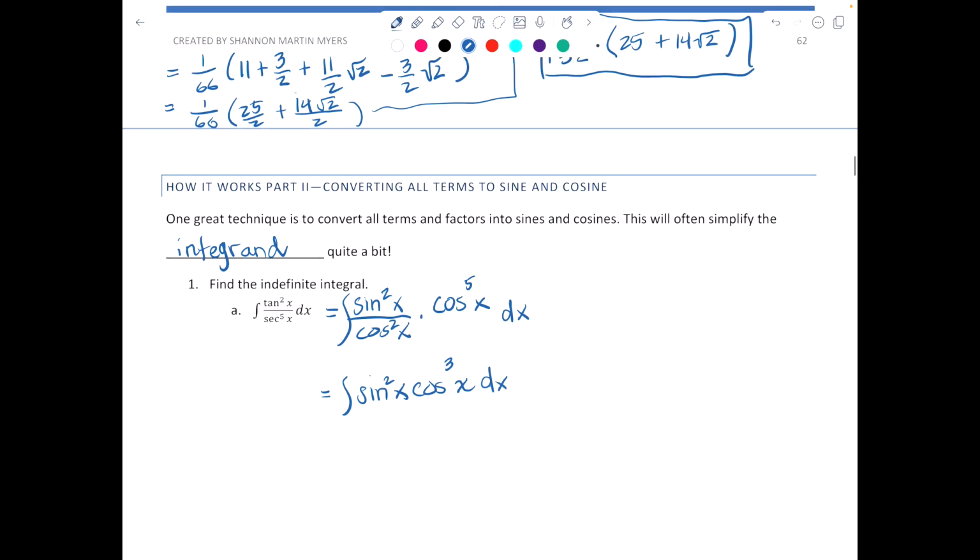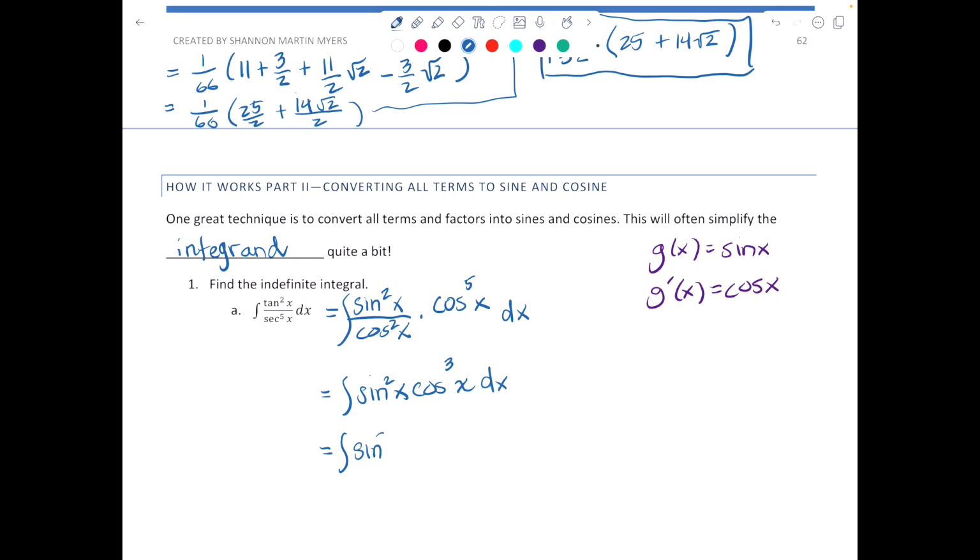and then this ends up being one of the ones we were working with, right? So I'm looking at this. I have an odd number of cosine factors and an even number of sine factors. So I'm going to reserve a cosine factor, which means my g of x will end up being sine at x. So g prime at x will be cosine at x. So here we go.